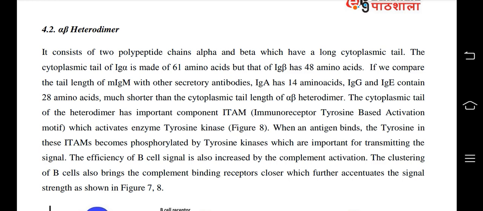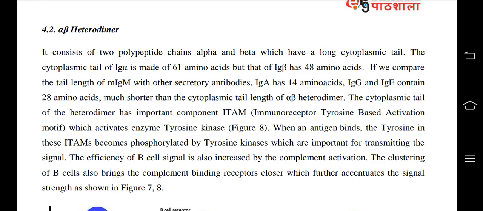The cytoplasmic tail of the heterodimer has an important component, ITAM, the immunoreceptor tyrosine based activation motif, which activates the enzyme tyrosine kinase.